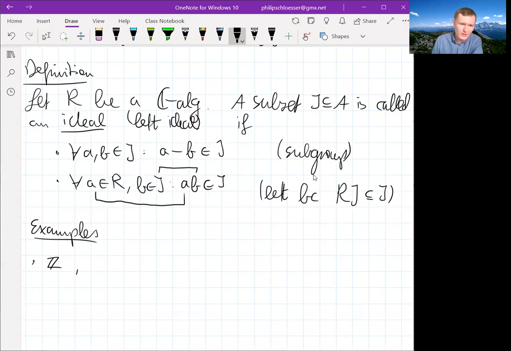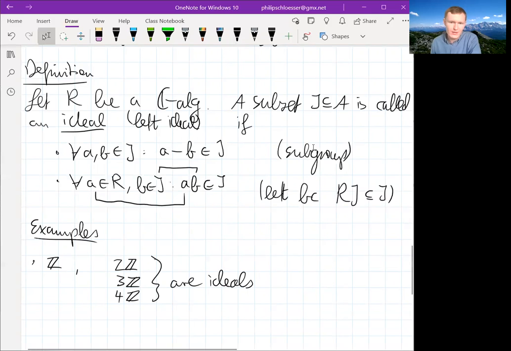And then you have the ideal 2Z of the even numbers, or 3Z of the numbers divisible by 3, 5Z, or even 4Z. Those things are ideals, because if you have a number divisible by 2 and you multiply it by any other integer, then that number is still divisible by 2.